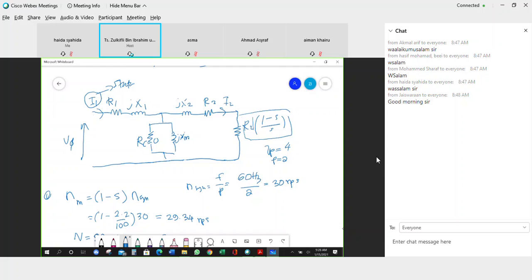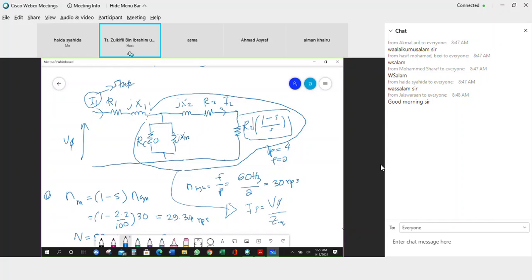You need to find first the equivalent impedance of this circuit. Once you get the equivalent, you can use the basic equation: I_S equals V phase divided by Z equivalent.